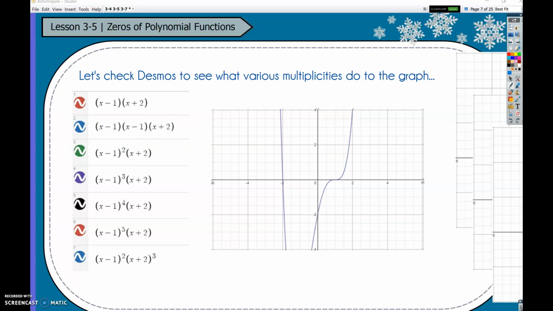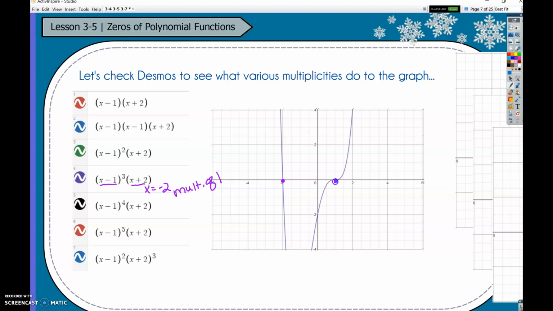Looking at our fourth graph, we see we have x minus 1 still and x plus 2. So nothing new here at x plus 2. At -2, since that's our 0, remember it means our 0 is at -2, it still has a multiplicity of 1, and it's driving right through there. But notice on the x minus 1 now, we went from a multiplicity of 1 to a multiplicity of 2, now it's a multiplicity of 3.